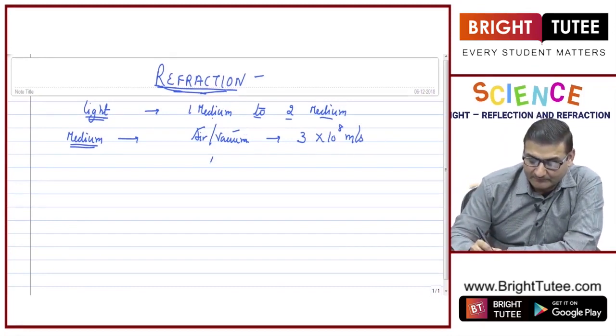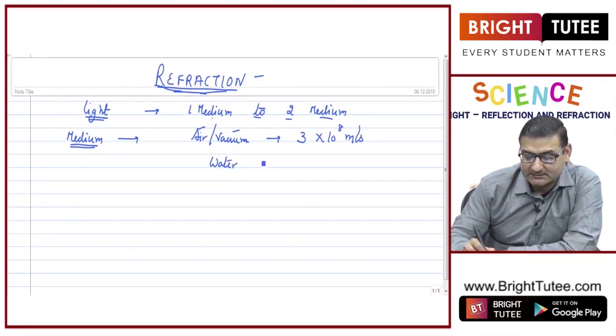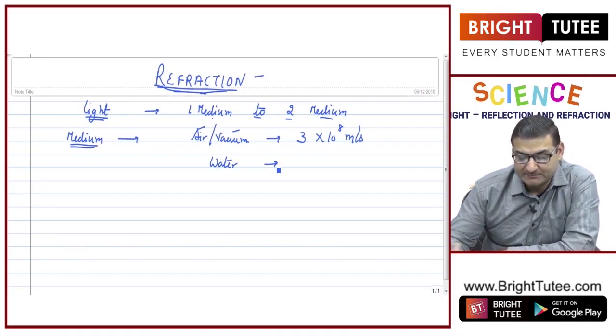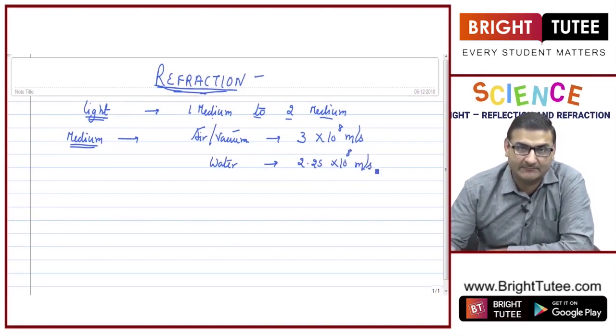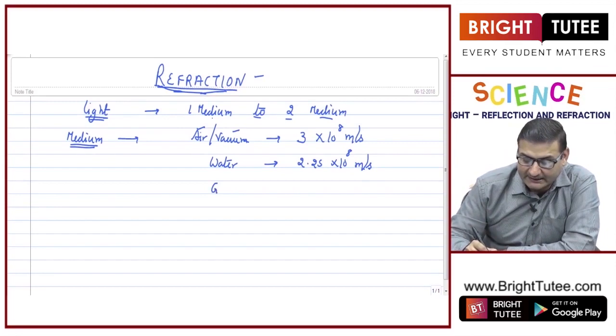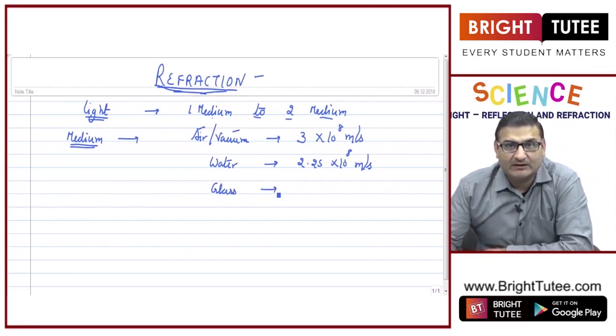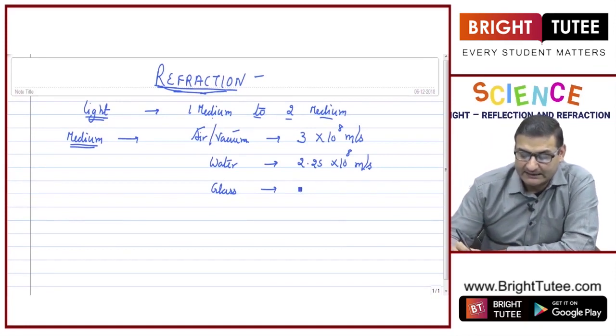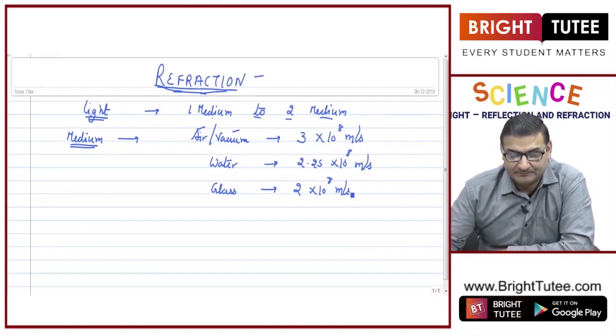But when light enters water, its speed changes and it becomes 2.25 into 10 to the power 8 meter per second. In glass, even though there are different types of glass, generalized, the speed becomes 2 into 10 to the power 8 meter per second.